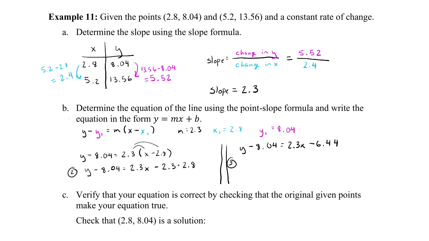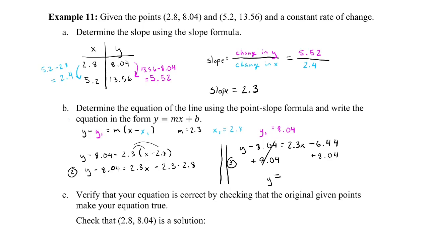Finally, we're going to add on both sides to get y by itself. So we have y minus 8.04. We'll add 8.04 on the left and also on the right. On the left, minus 8.04 and plus 8.04 cancel out.